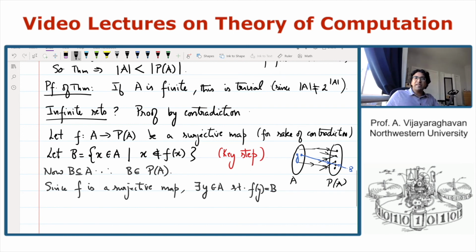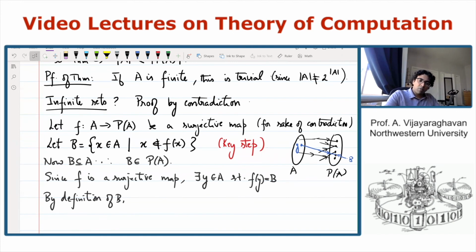Now, just by the definition of B, we have that y is an element of B if and only if y is not an element of f of y.